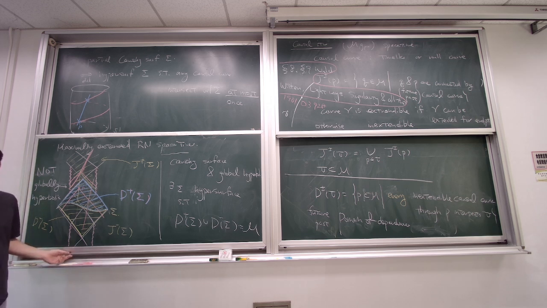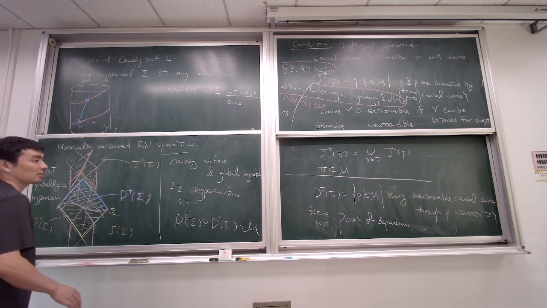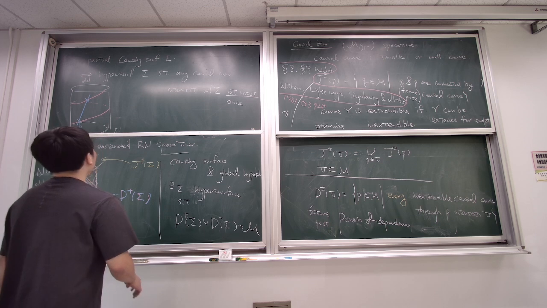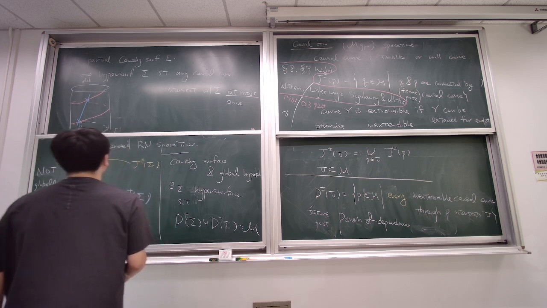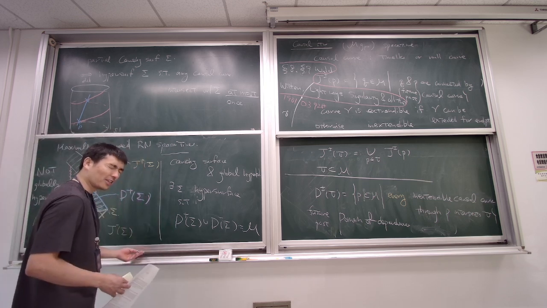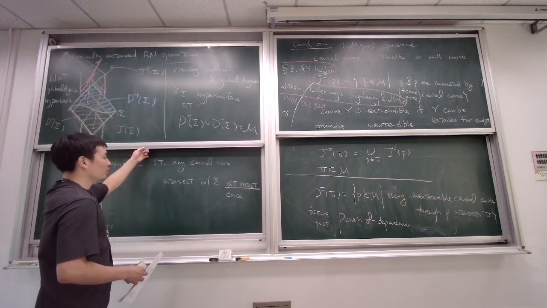Is there any way to cross twice in this example? Of course you can. So this is important for the proof of the Penrose singularity theorem.